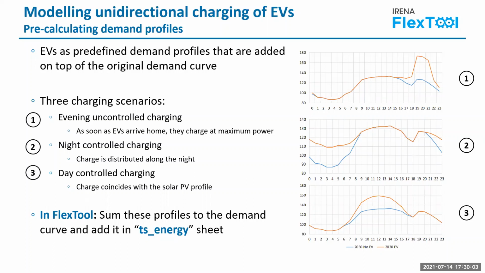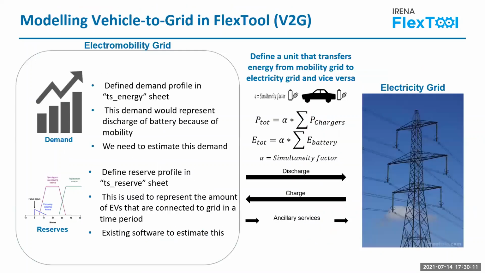We have modeled EVs. This will be the simplest way, but there's nothing advanced in here. And then we have the most advanced way, which is how to model vehicle to grid. As I said, it's very similar to power to heat and power to hydrogen.